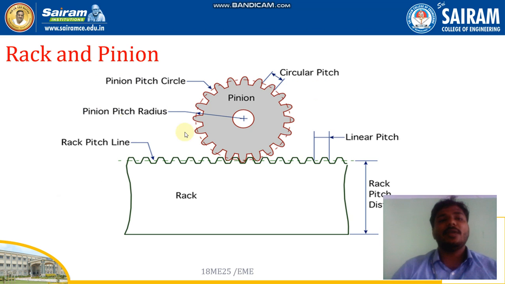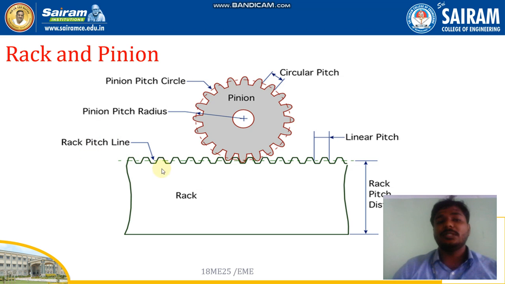What is the function of a rack and pinion? By using the rack and pinion we can convert rotary motion to linear motion. The major use of the rack and pinion is to transmit power or motion, but one more advantage is that it can convert rotary motion to linear motion.